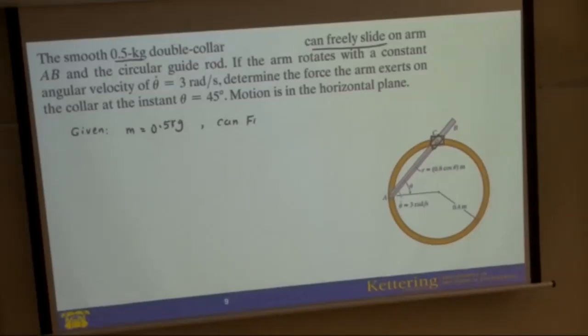I like this type of expression because it reduces the load of solving and drawing the free body diagram. Then there is a constant angular velocity of 3 radian per second.